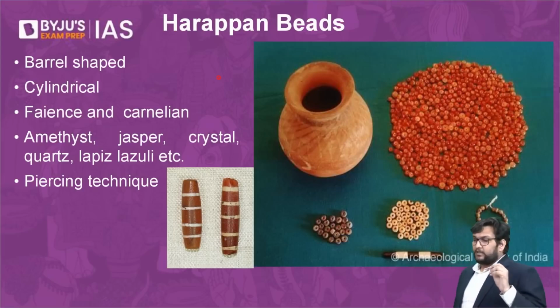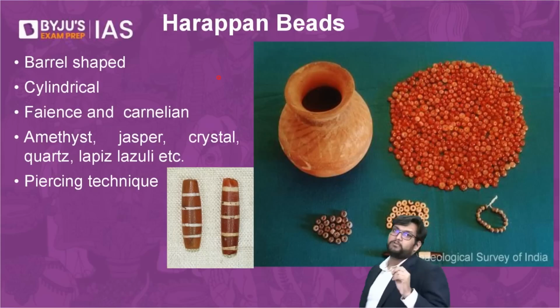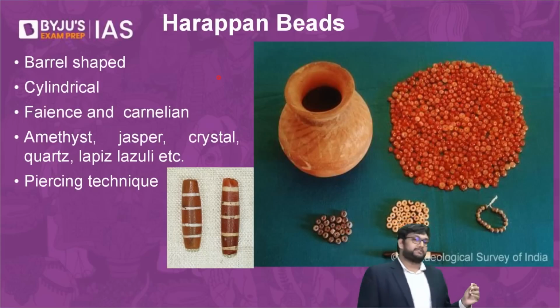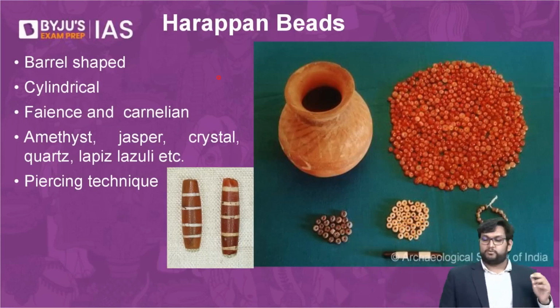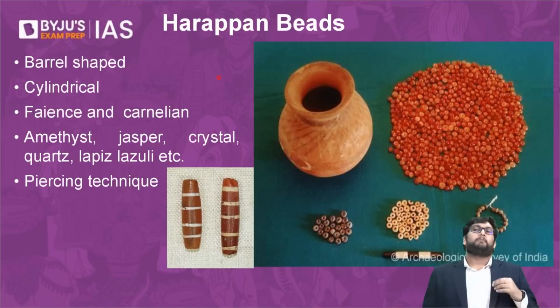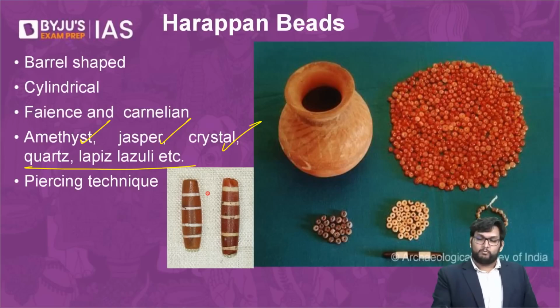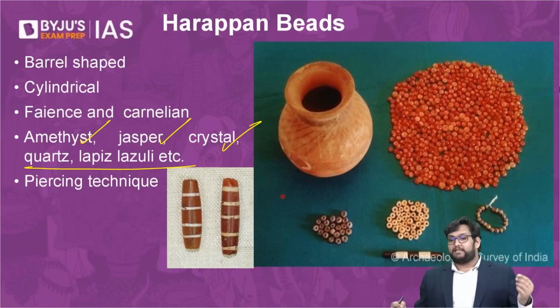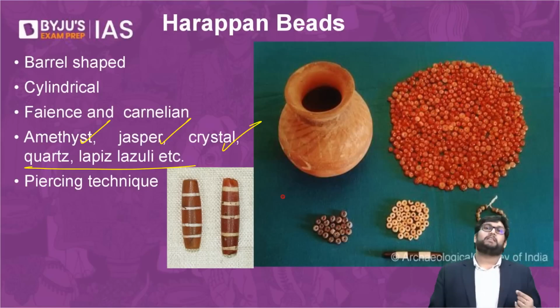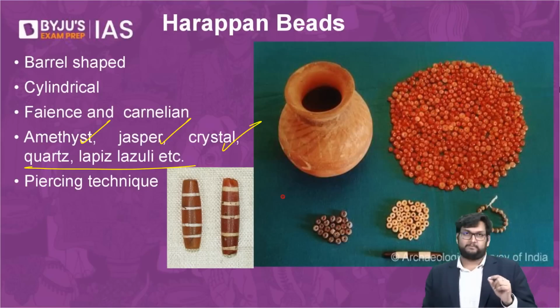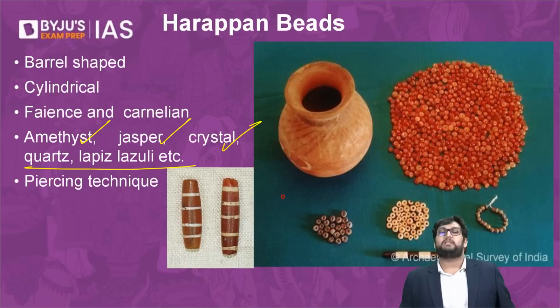Now here, beads were basically found in the Gujarat coast and that whole coastal sector quite a lot, and they were using even precious stones such as amethyst, jasper, crystal, and lapis lazuli to make beads. But in the beads, the most difficult thing is basically to make a hole in something. If you can make a hole in something, then you have already succeeded in doing what you want to do.